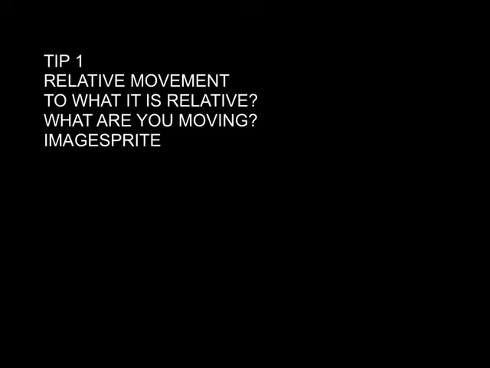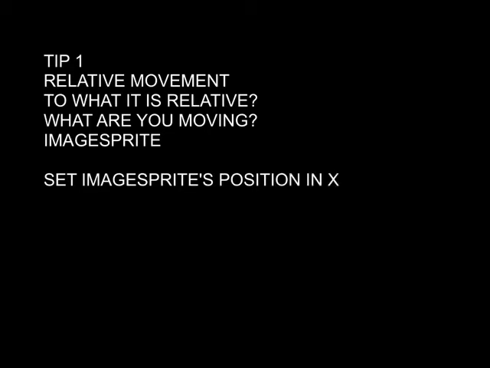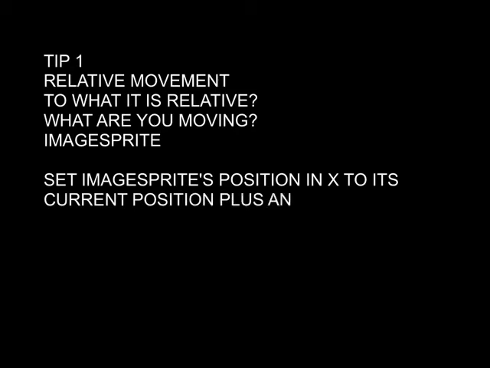So I'll give you a clue. What you want to do is to change the image sprite position. And in order to do that, it's quite simple. You need to set the image sprite's position in X or Y to its current position plus an amount.